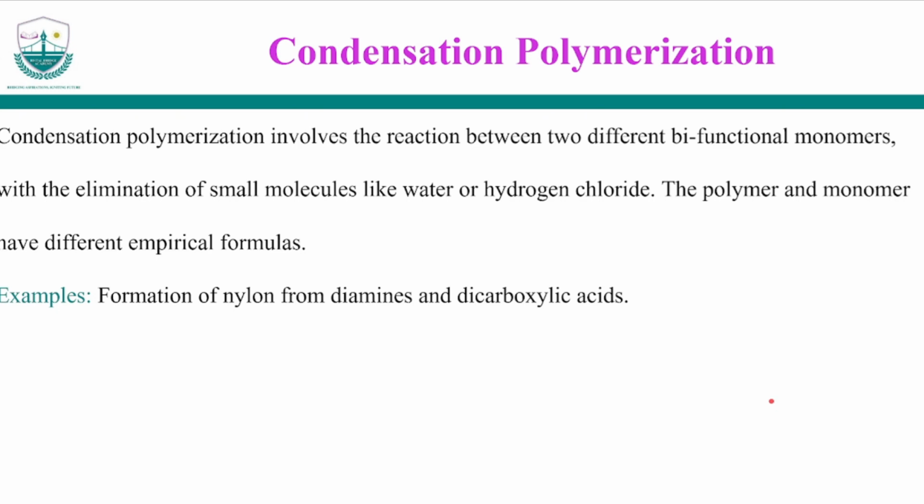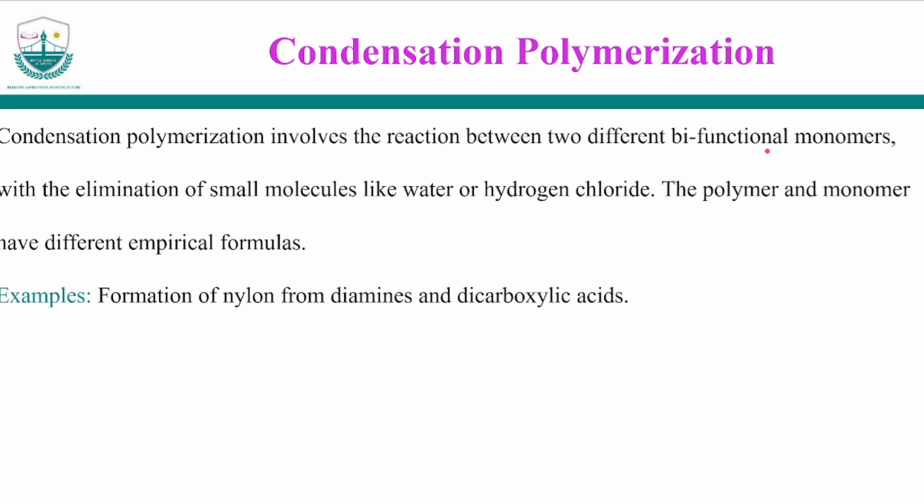So condensation polymerization, the key thing is that you are having monomers that are not usually the same. The monomers that are combining to form the polymer, these monomers are different. And because they are different, we are calling them different bifunctional monomers.